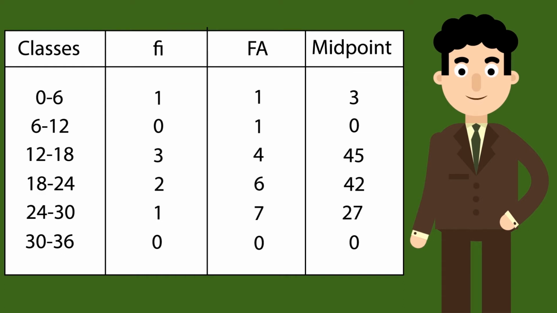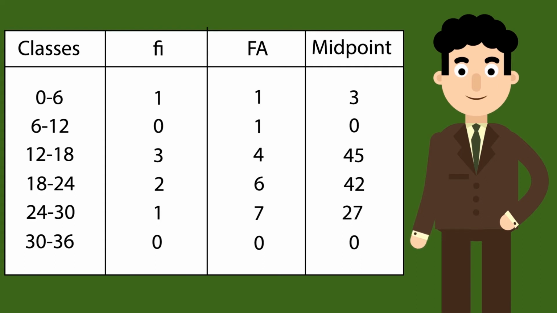Now let's find the average or mean. Let's find the midpoint of each class. To get the midpoint, we are going to sum the digits of the range, then divide it by 2, and multiply the result by the frequency.